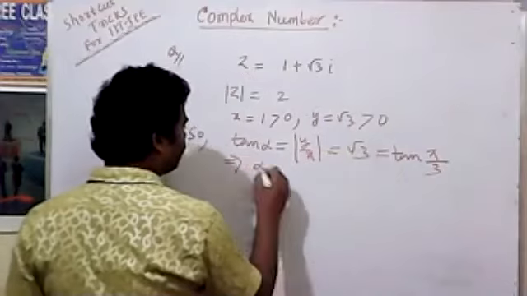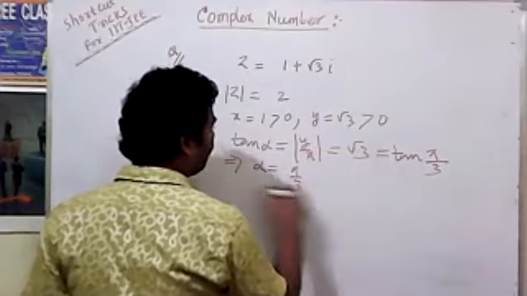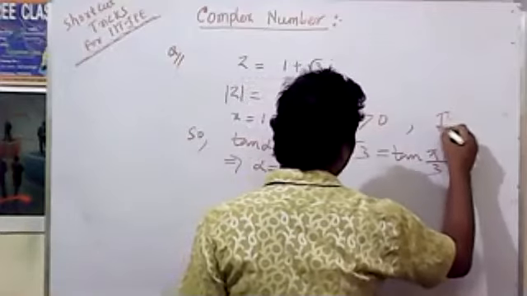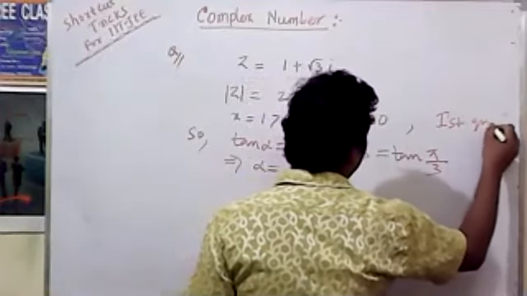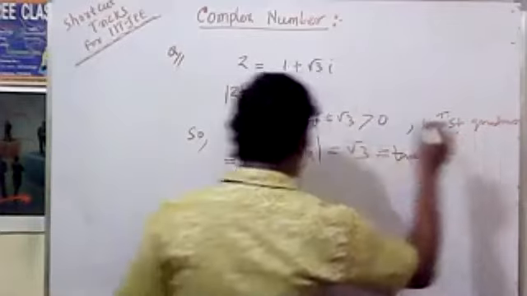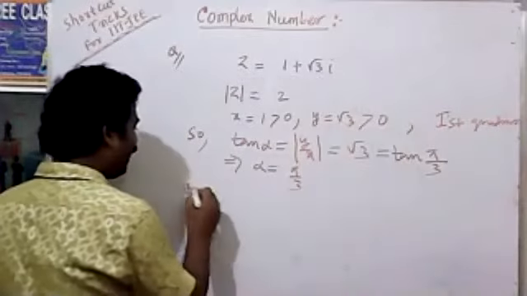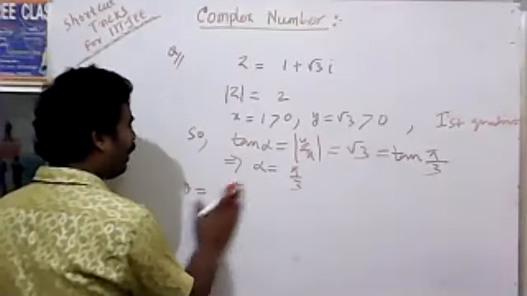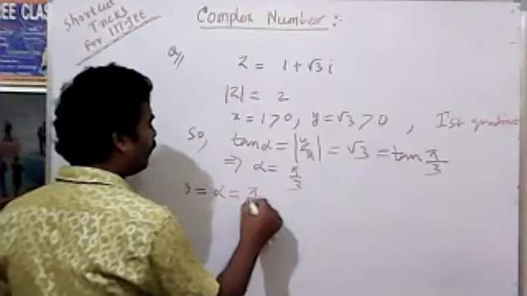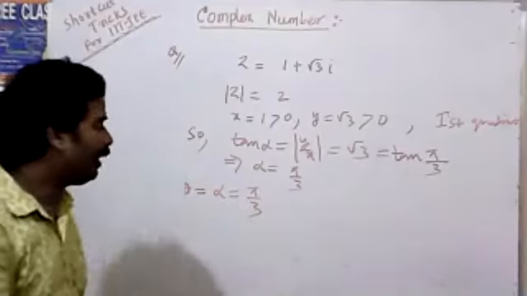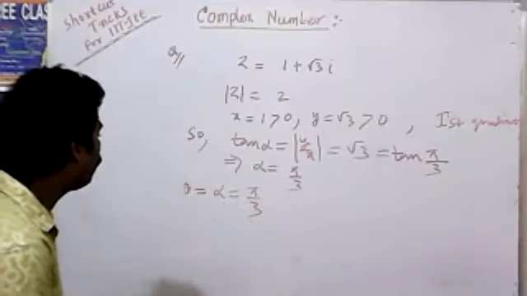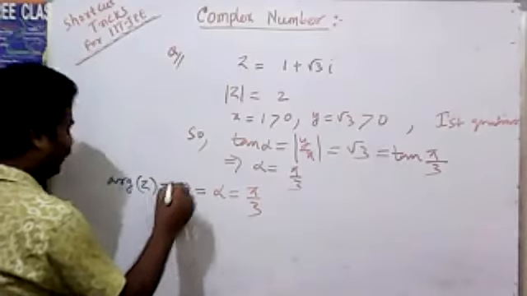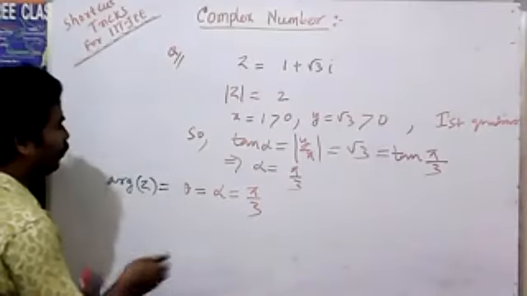That's why alpha is equal to pi by 3. Both are positive, so it is the first quadrant. So theta is equal to alpha, which is pi by 3. This way we can find the argument of z.